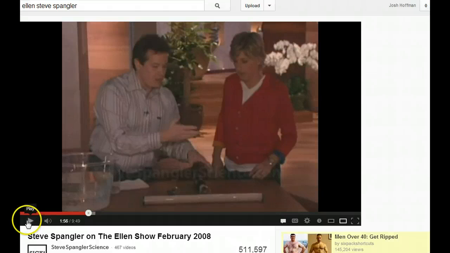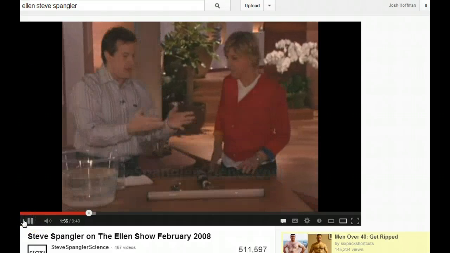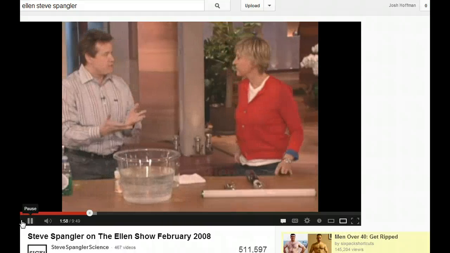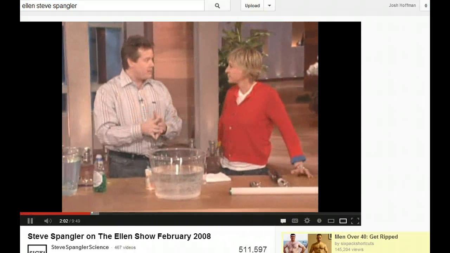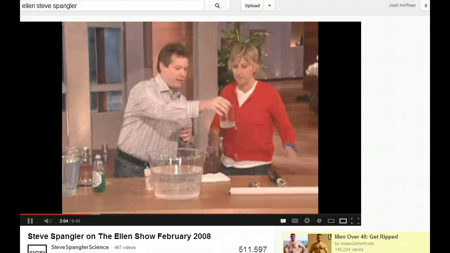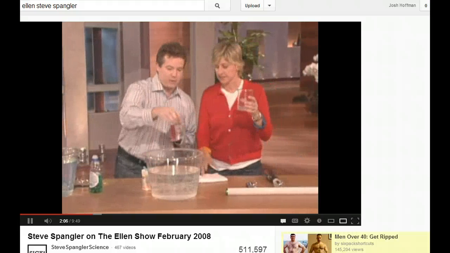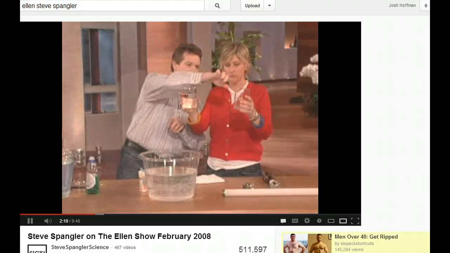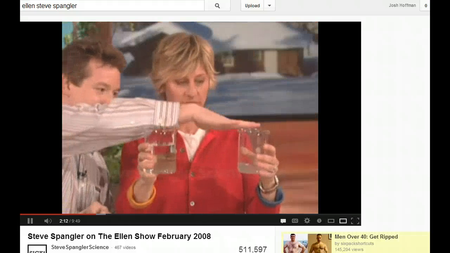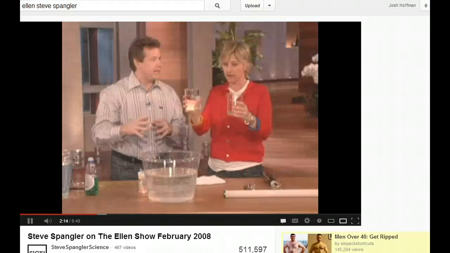This is Steve Spangler on the Ellen Show. I actually grew up in a family of magicians, and so I brought you a chemical magic trick that my dad kind of perfected years ago. Hang onto the beaker, and hang onto this beaker. Two colorless liquids. Pour this one into this one, and then pour it back again, and then we're going to concentrate.